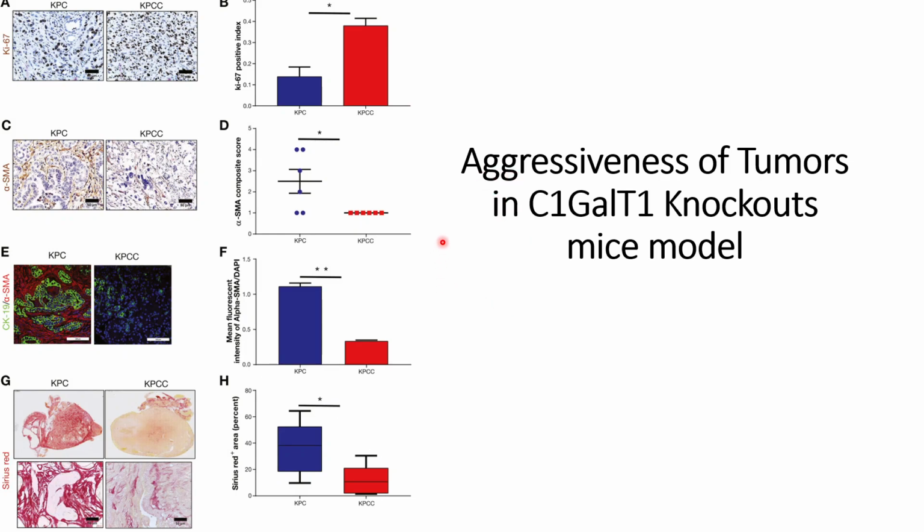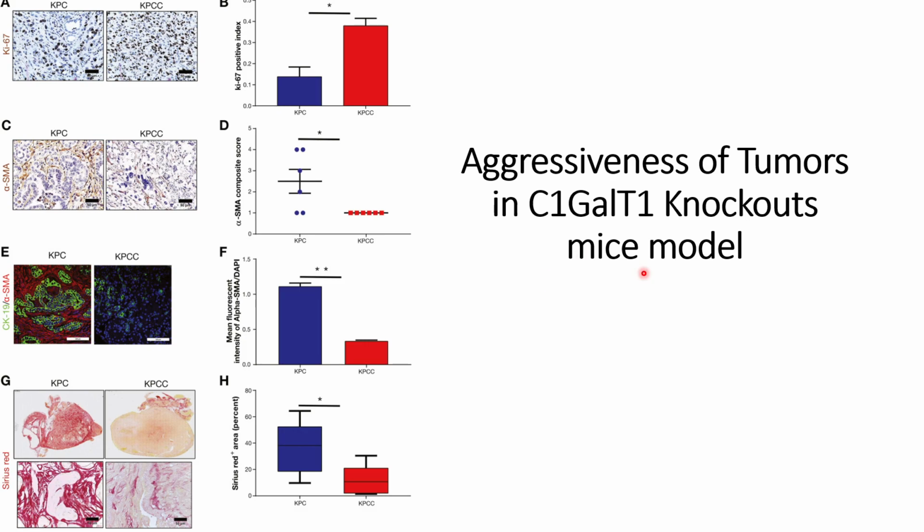We will continue our discussion about this C1GalT1 knockout in the case of this pancreatic tumor mice model. What we have observed in this panel is that the knockout leads to the aggressiveness of the tumors that we see in this C1GalT1 knockout mice model.